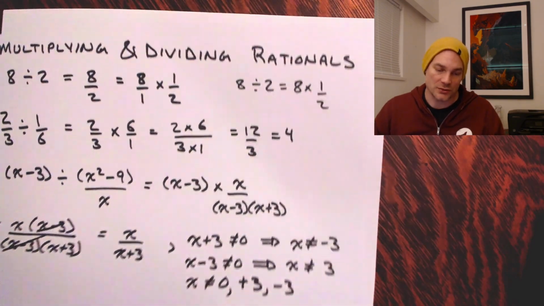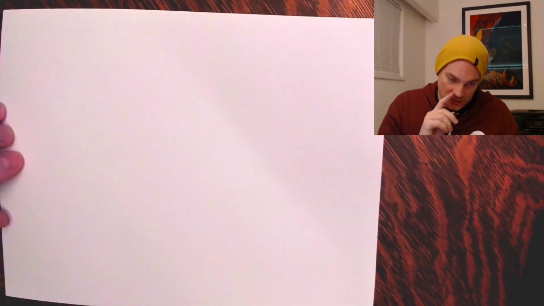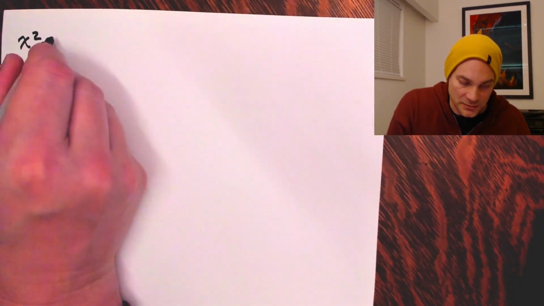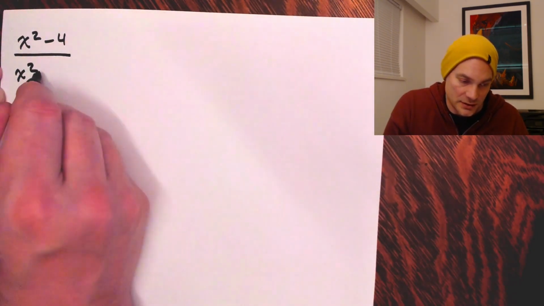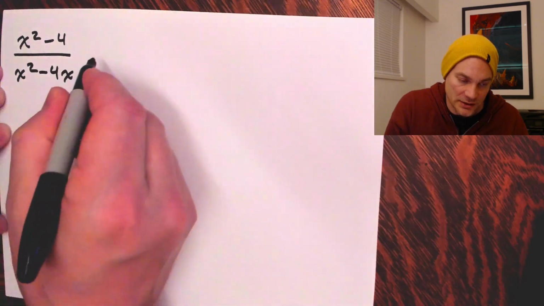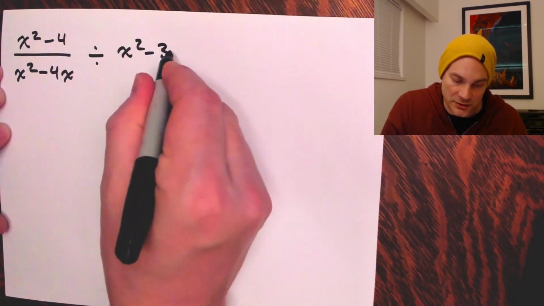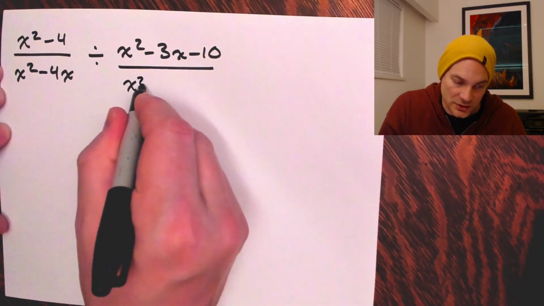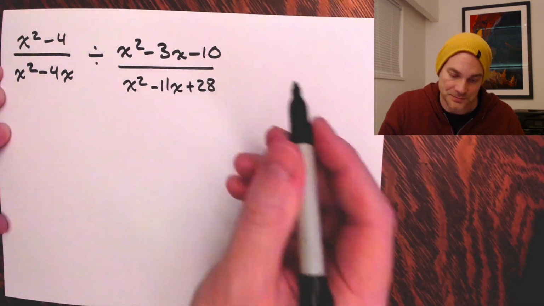Okay, so we're going to do one more. So this one's a little bit more complicated. So I have x squared minus 4 over x squared minus 4x divided by x squared minus 3x minus 10 all over x squared minus 11x plus 28.